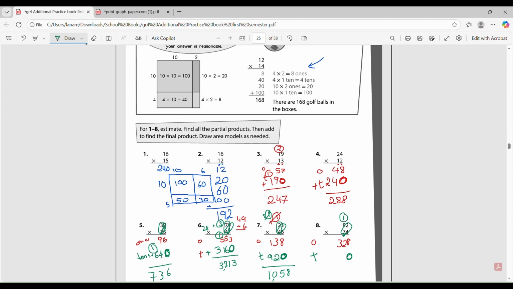I'll put the 1 here and the 4 down. 7 times 8 is 56, plus 1, 57. Now we need to add 8 plus 0 is 8, 2 plus 4 is 6, 3 plus 7 is 10, 1 plus 5 is 6. So the answer is 6068.